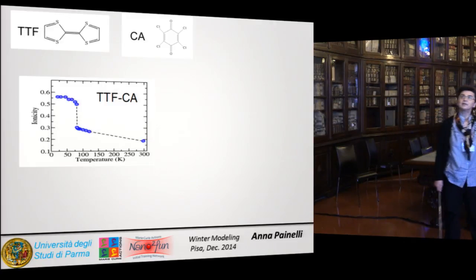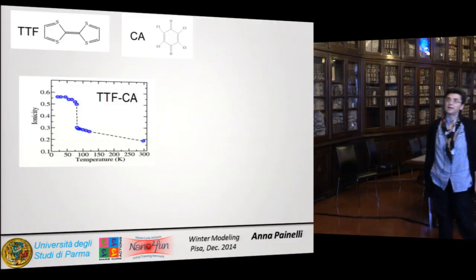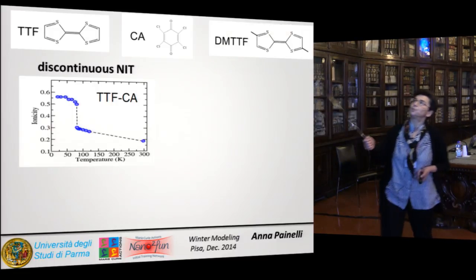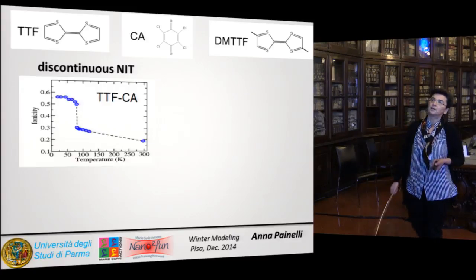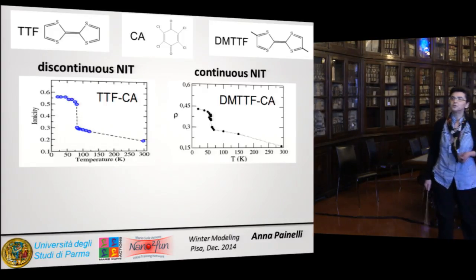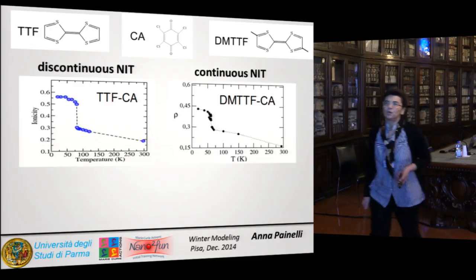Okay, this is TTF chloranil, but as I told you, there are many other systems. If you put two methyl groups, you can grow dimethyl TTF chloranil crystals, and in this case you have a continuous phase transition. So you can have either continuous or discontinuous phase transitions.